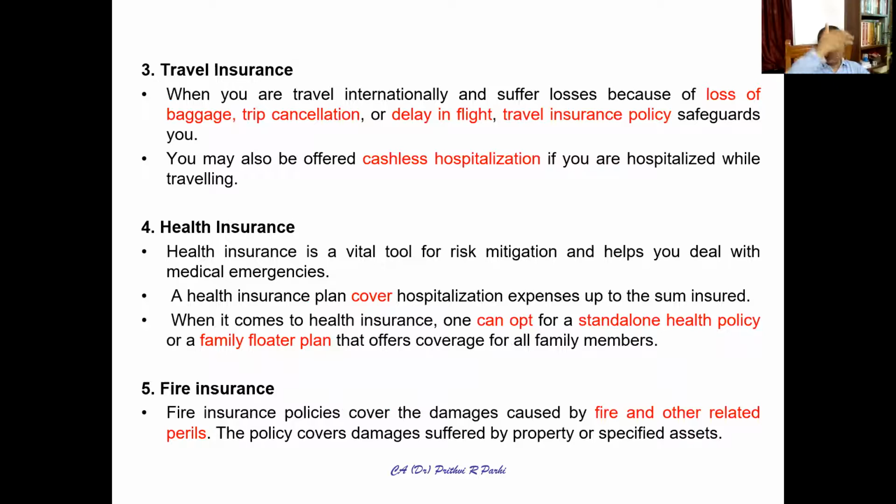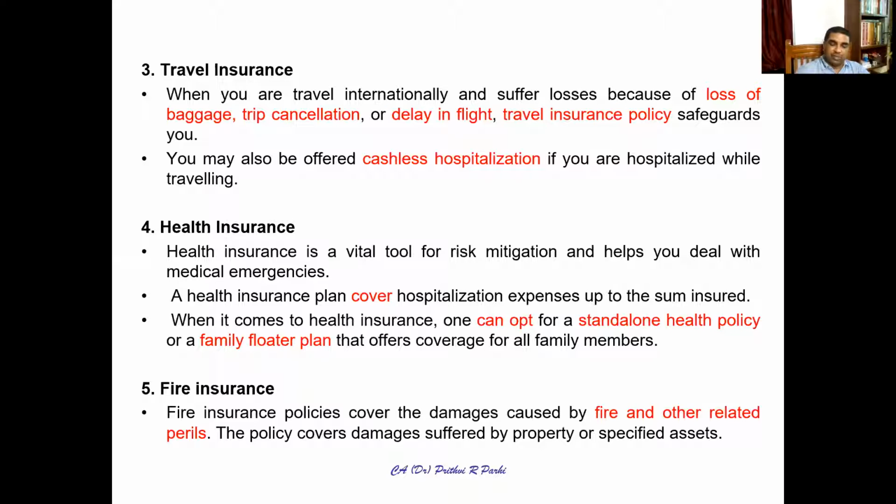It's a kind of general insurance. Travel insurance is one more popular insurance, mostly when one travels to foreign countries for international travel, and also for simply train travel, that option is available. If you book tickets online also, you can get yourself insured.